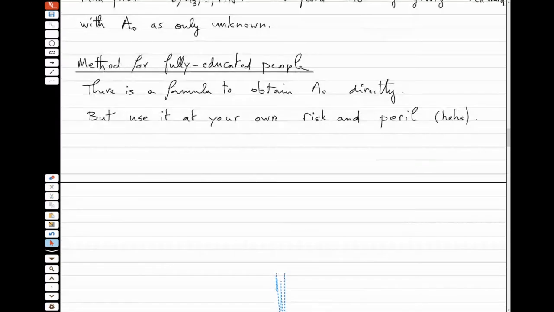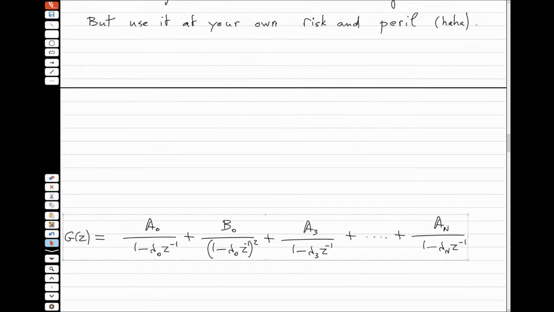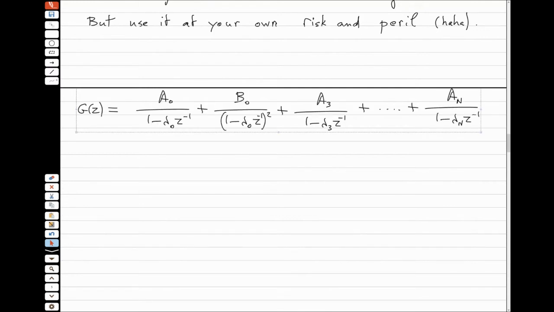So in the time domain, we know that once you have this expression, g of n is a naught, okay, I'm going to avoid putting parentheses, plus b naught.